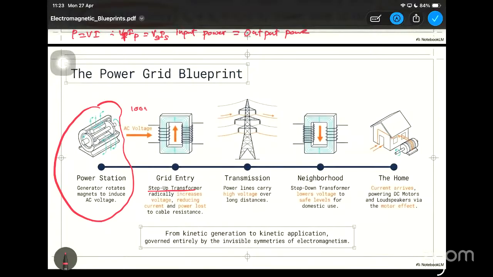So just imagine something like this. If we are gaining 100 volts, and we are stepping up to like 33,000 volts in Sri Lanka, right? Then this power will be carried through these wires throughout the island. And afterwards it arrives here, at the desired power station, the neighborhood, right?